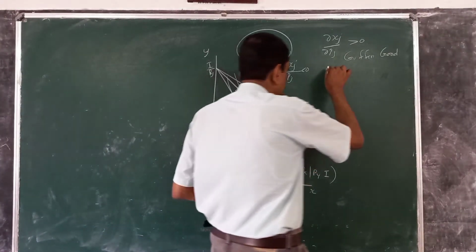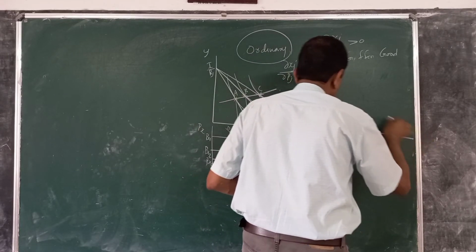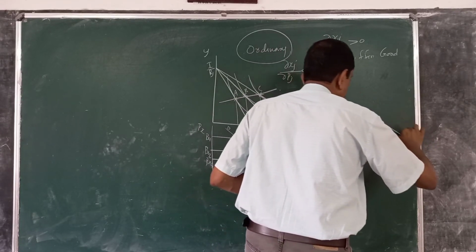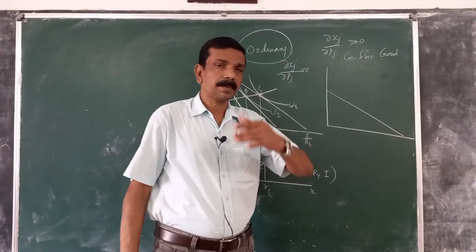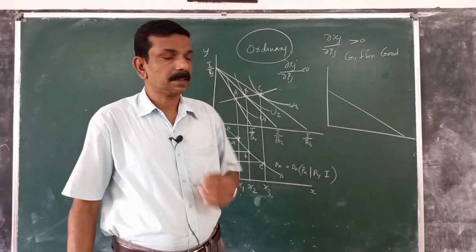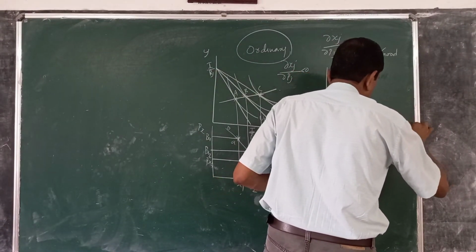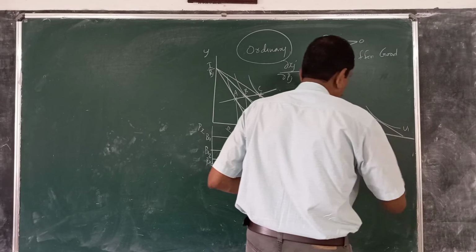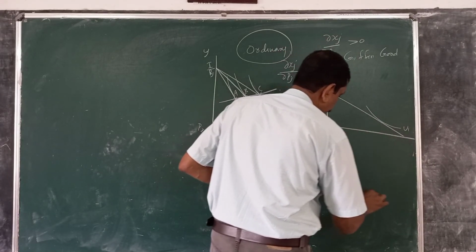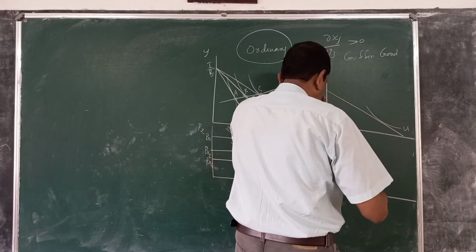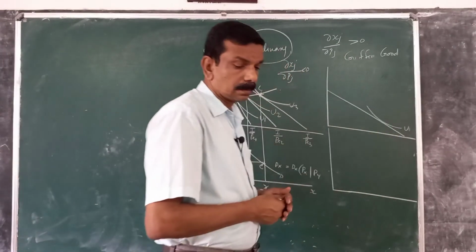Now, suppose that initially the situation is like this, and for a given price of X, given price of Y, and income of the consumer, the consumer is in equilibrium on U1.